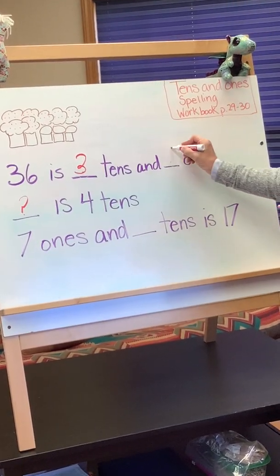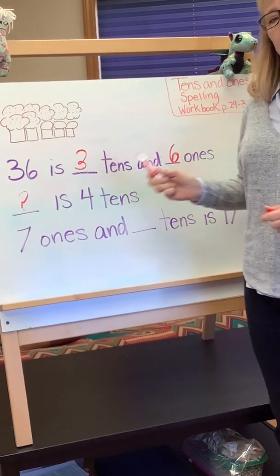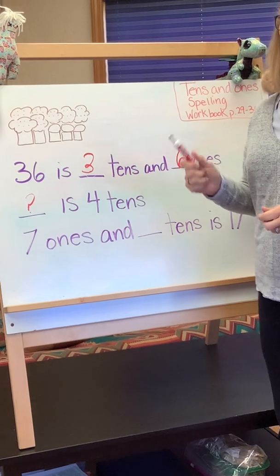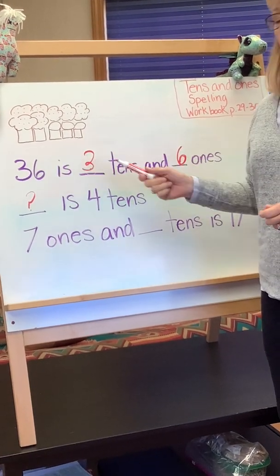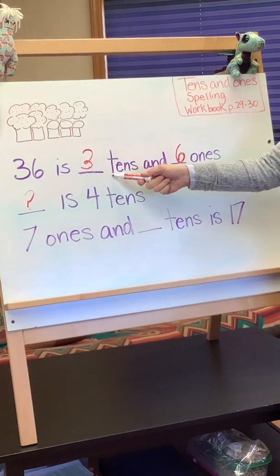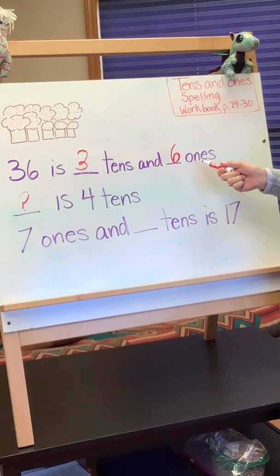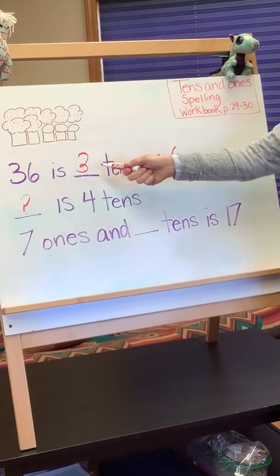Right, 6. So that's how you answer that particular question. We've had similar questions like this before. I think you'll probably figure it out, but I just wanted to review and make sure. 36 is 3 groups of 10 and 6 groups of ones. Okay? 6 ones, 3 tens.